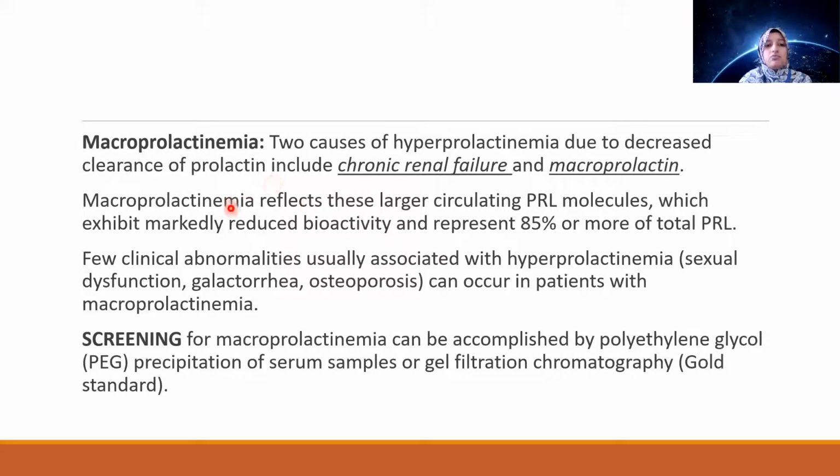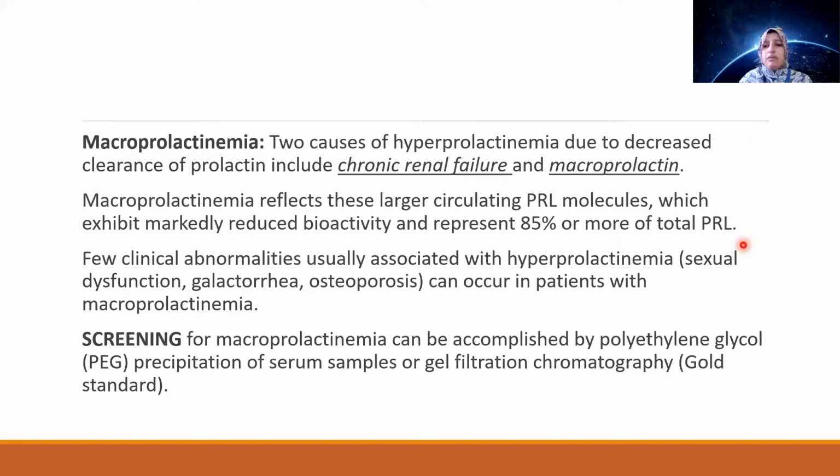Then there is a condition called macroprolactinemia. Remember, I told you about the big prolactin earlier. This is the one. There are two causes of hyperprolactinemia due to decreased clearance of prolactin: one is chronic renal failure, and the other is macroprolactin. Macroprolactinemia reflects these larger circulating prolactin molecules, which exhibit markedly reduced bioactivity and represent 85% or more of the total prolactin.